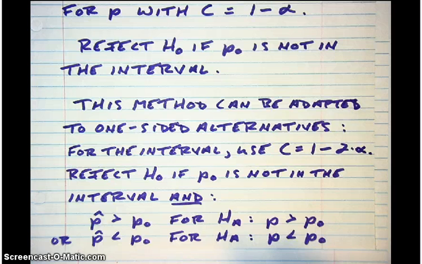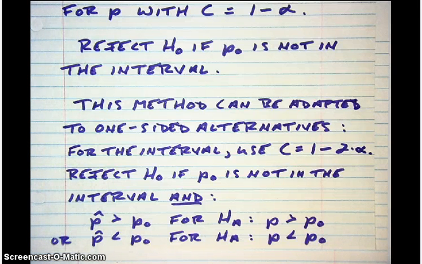That means p naught will be completely below the interval in that case. Or alternatively, p hat is less than p naught for the alternative hypothesis p is less than p naught, in which case the whole confidence interval would be below p naught, and p naught would be out of it, and if that's the case, you would reject the null hypothesis.